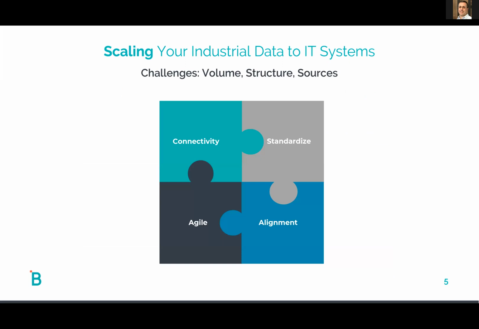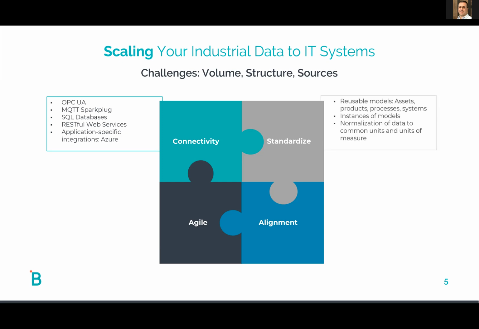When we look at integrating the industrial data into these IT systems, we must think of solution requirements to operate at scale. Connectivity is about leveraging open standards to move information, and fortunately, these are being widely adopted across the industry. But it's not just about connectivity.